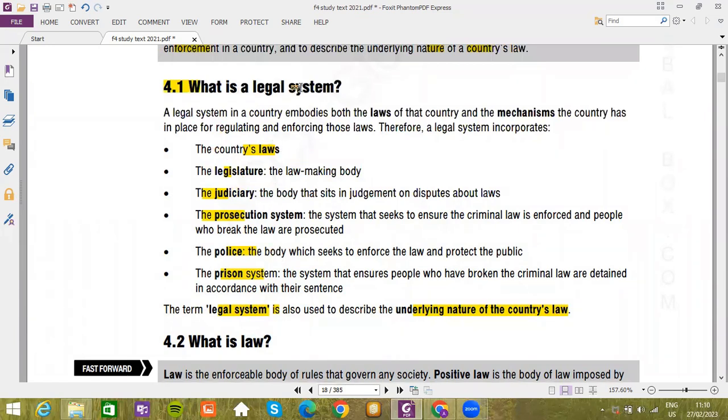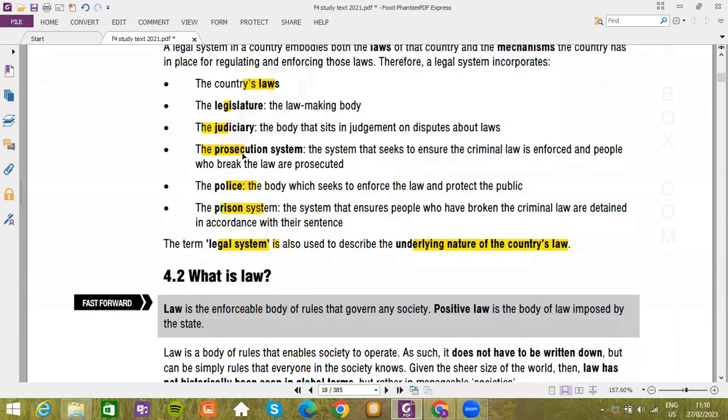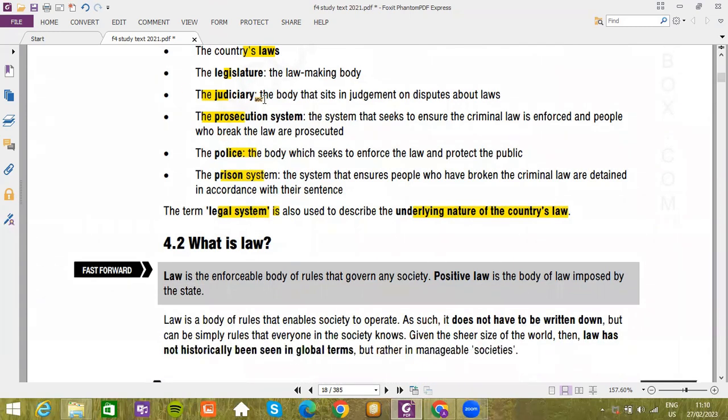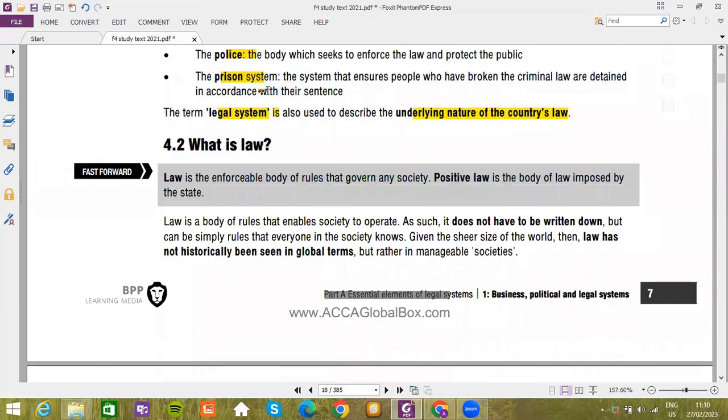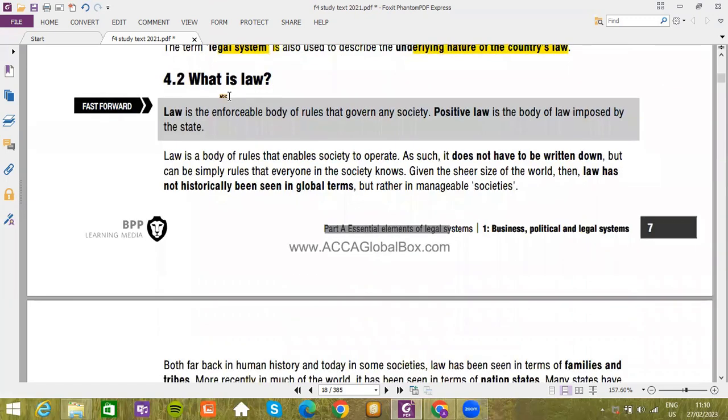There's the country's laws, the different laws we have learned. The legislature is the lawmaking body, we all know that. The judiciary is who sits in judgment on disputes about laws. The prosecution system, the police, the prison system, we all know that. This is basics. So now, let's go for the 4.2 part.